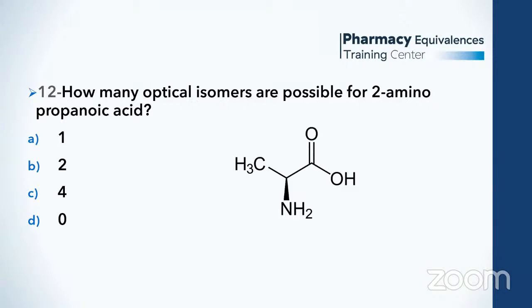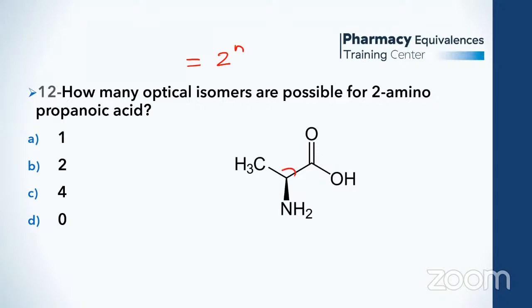To know the optical isomers, or the number of stereoisomers, we should apply this formula: number of isomers equals 2 to the power n, where n is the number of chiral centers. So how many chiral centers in this compound?